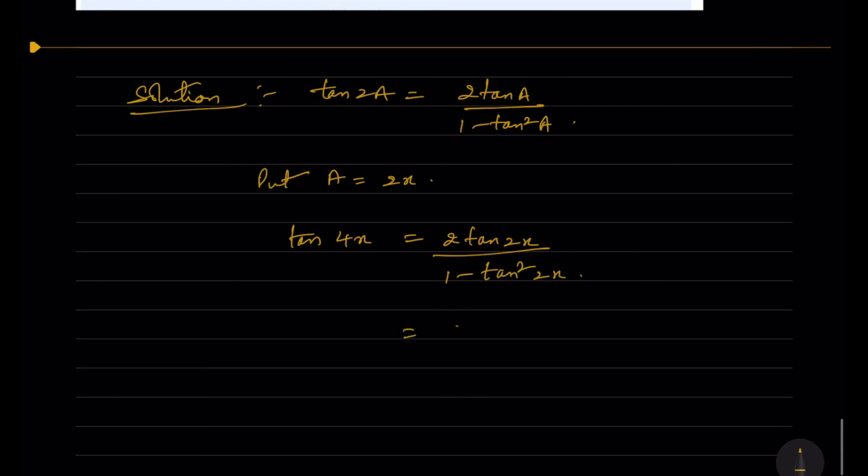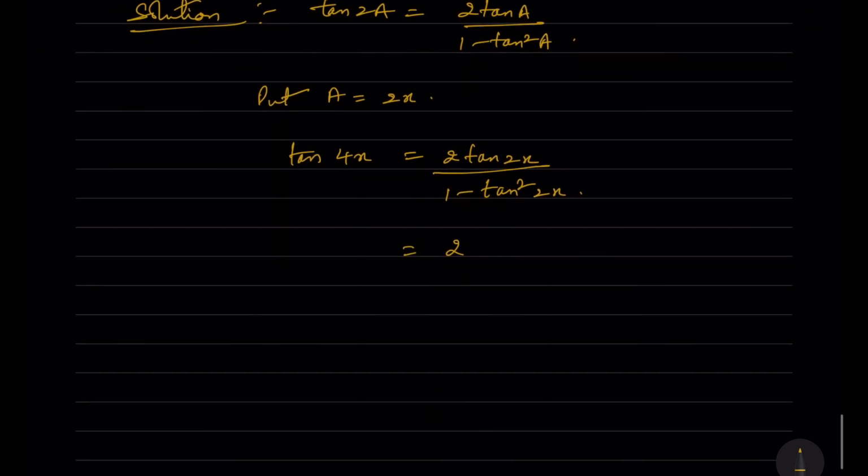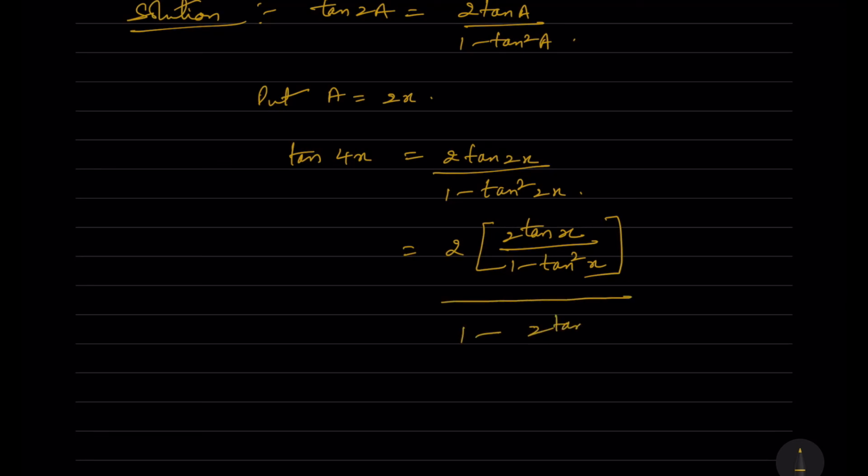So which can be written as, now you know that the tan 2x formula, again you can expand that. So 2 into, we are expanding the tan 2x formula, 2 tan x divided by 1 minus tan square x, by 1 minus 2 tan x divided by 1 minus tan square x, the whole square.